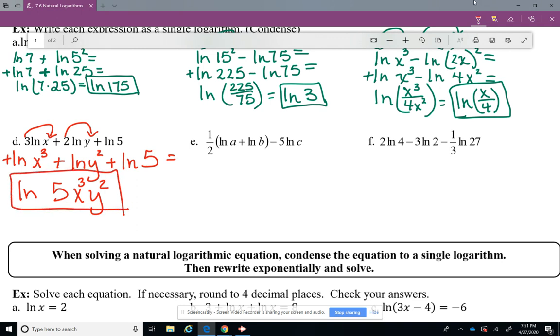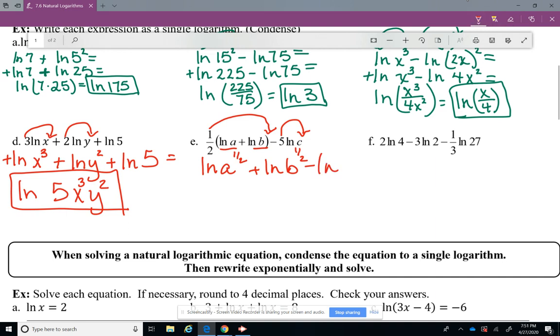All right, now this one you're going to feel like this is kind of funny, but this right here is going to go here. Okay, but it's going to be for both of them. So I'm going to go ahead and write the natural log of a to the 1/2 plus the natural log of b to the 1/2. This 5 becomes the exponent, minus the natural log of c to the 5th.